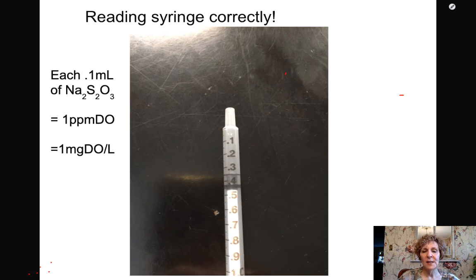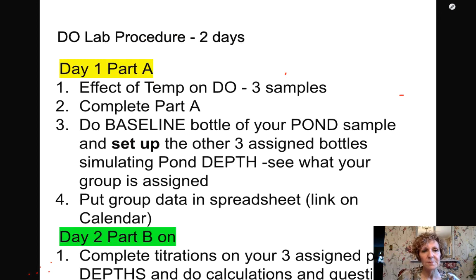So notice here, I have 0.35 milliliters, all right? So we're reading very, very tiny amounts. And here's the money step. Write this down in your notes. Every 0.1 milliliter of sodium thiosulfate, which is the chemical you're putting in your syringe, is equal to 1 ppm of DO, or 1 milligram per liter of DO. All right, so that's important.